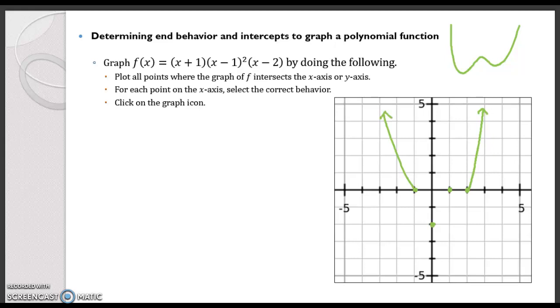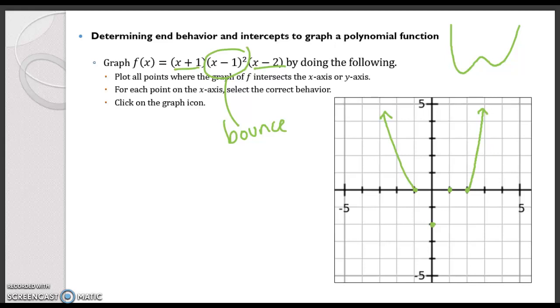And then at the 0 with the multiplicity 2, it's going to bounce off that 0. But at all the other ones, because they are odd, a multiplicity of 1 is odd, so at those two zeros, it's going to pass through.